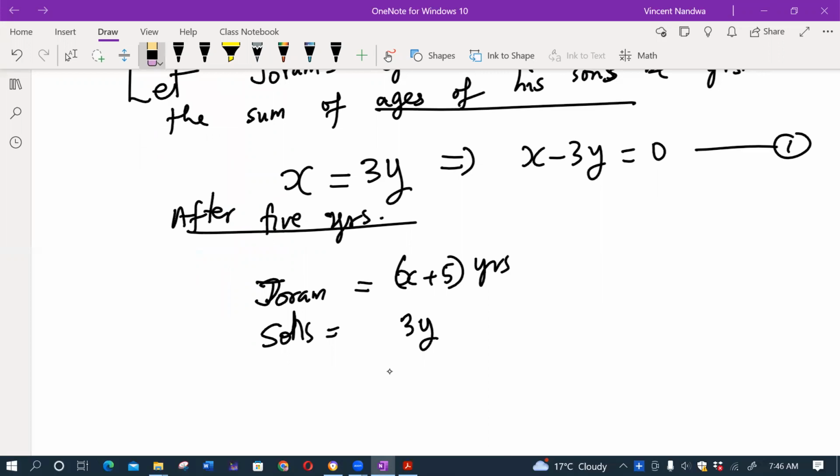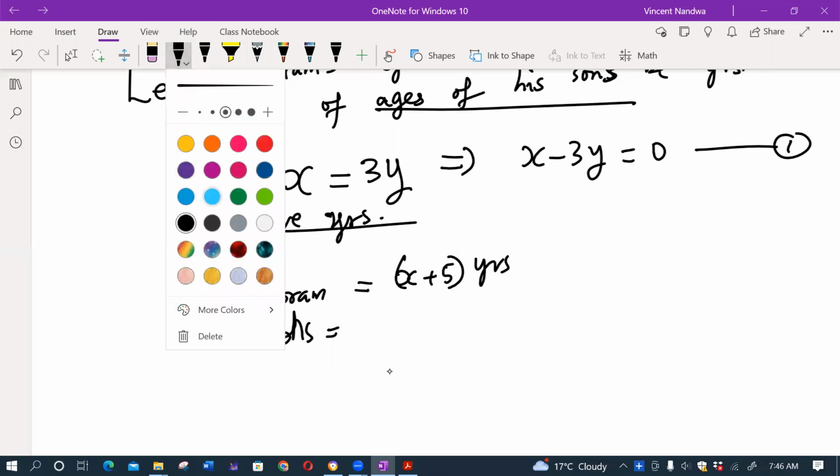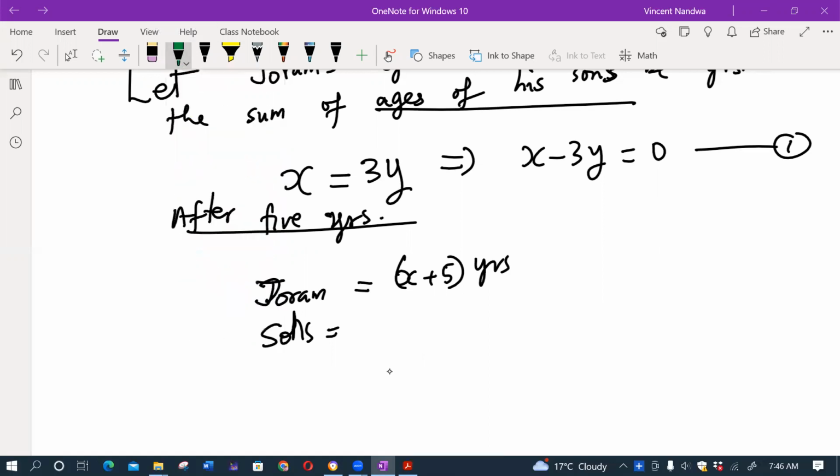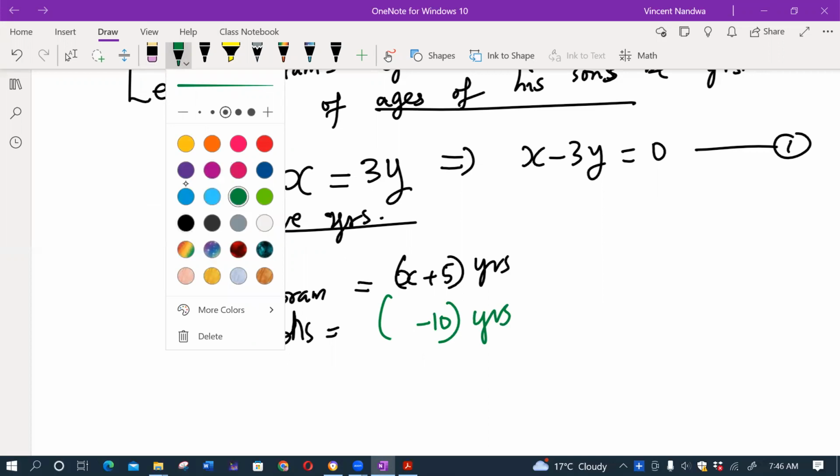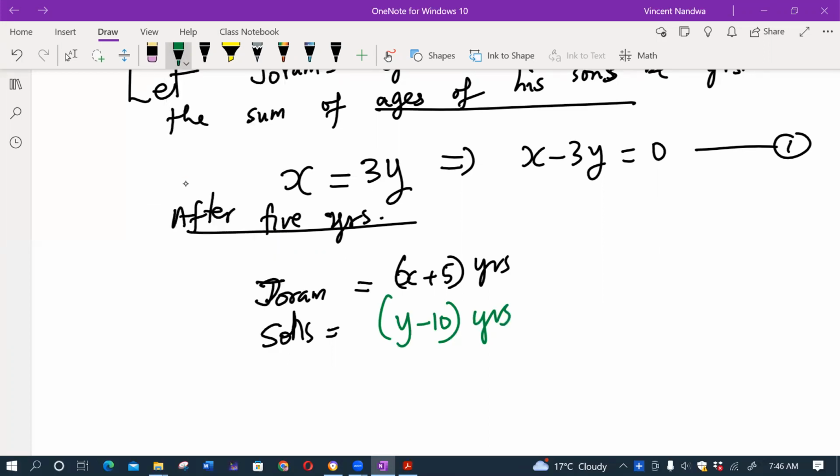After 5 years, each of the sons will have gained 5 years. Assuming we have A and B, A will have gained 5 and B will have gained 5, so in total they will have gained 10.